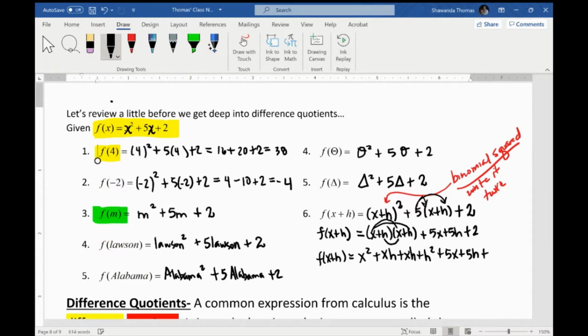So I'm just rewriting the latter part. The only thing we can do here to clean this up is what? Combine like terms. All right, what are the like terms? xh. Yep, xh plus xh equals what? Somebody other than Christina.